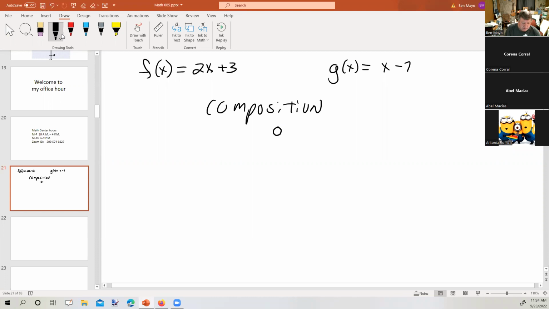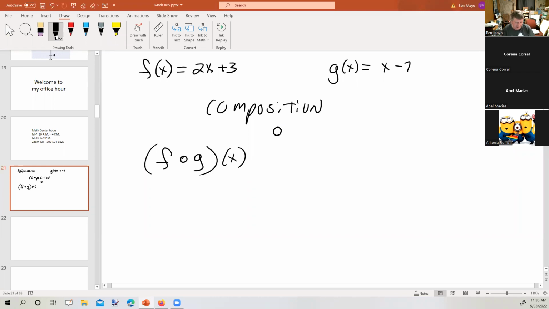Okay. So let's say that we want to use composition on f of x and g of x. We want f composed with g of x. Okay, that's how we would write it. And I know it looks like fog, but it's not.